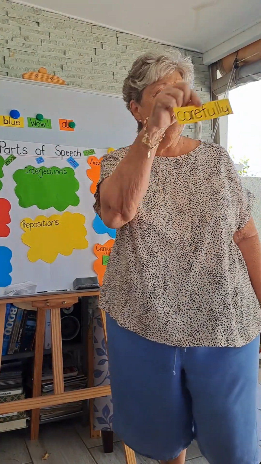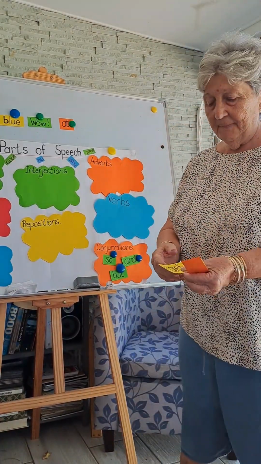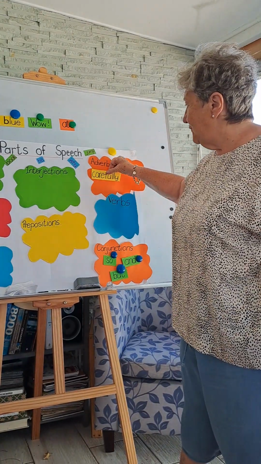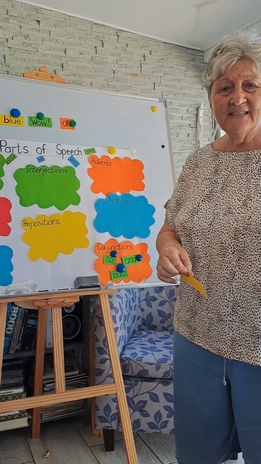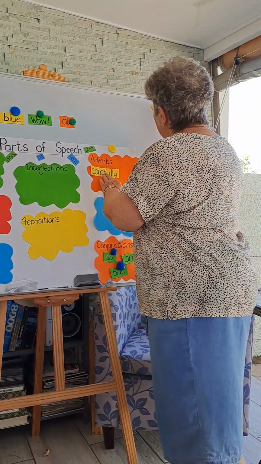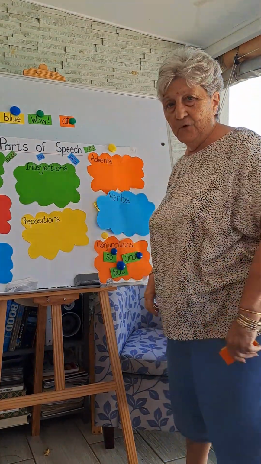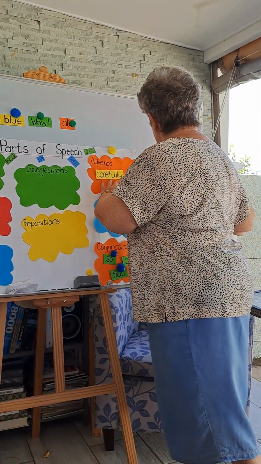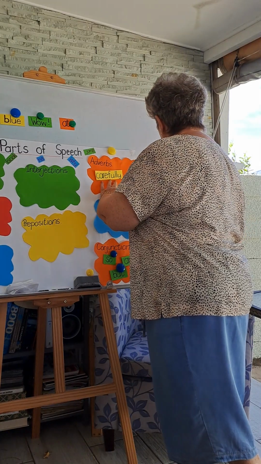Carefully. Let them all read it carefully. And that person would come up and say, carefully is an adverb. I read carefully. So I would put it up there because it belongs with the adverbs. Right? And it would stay there because it's going to listen to me. Okay?